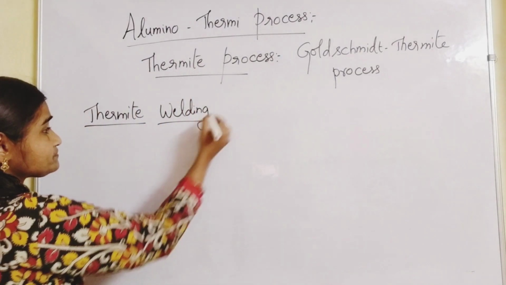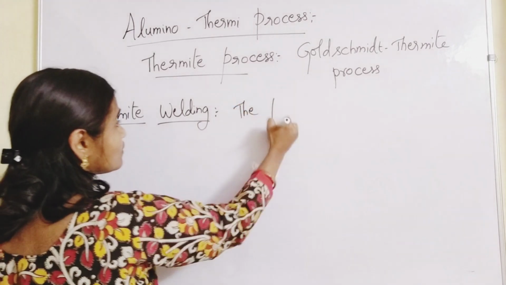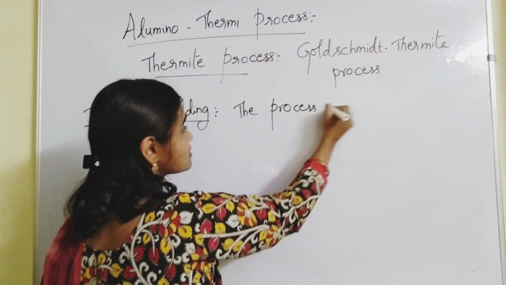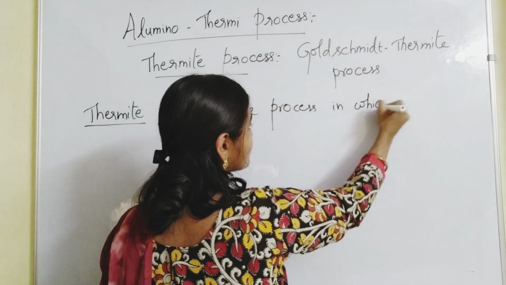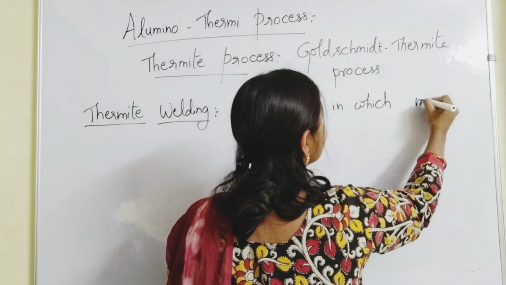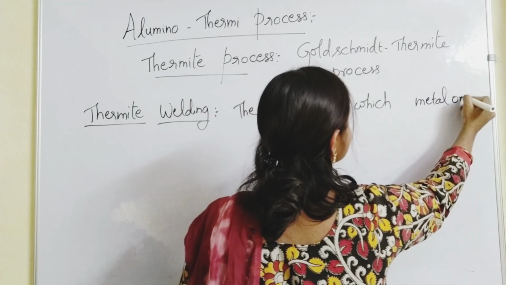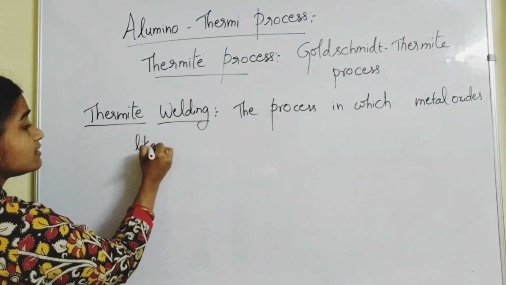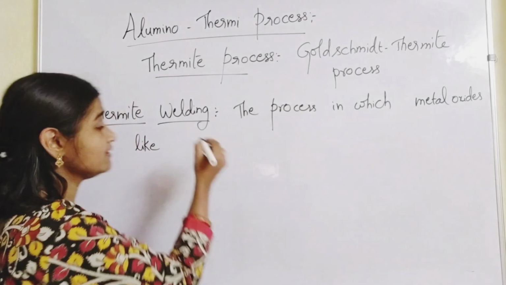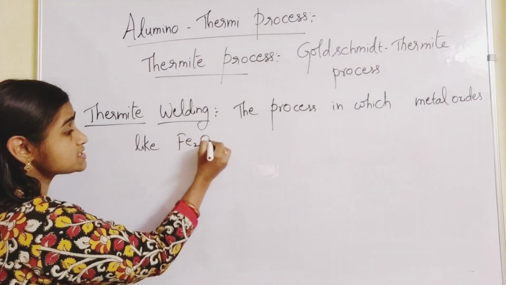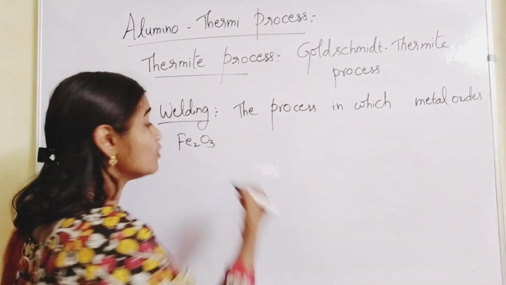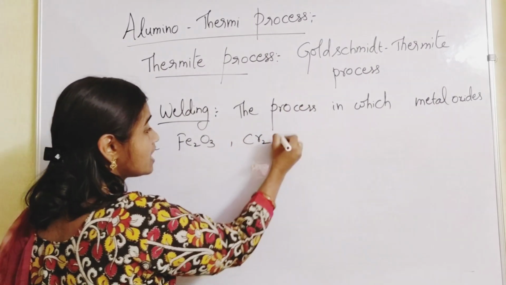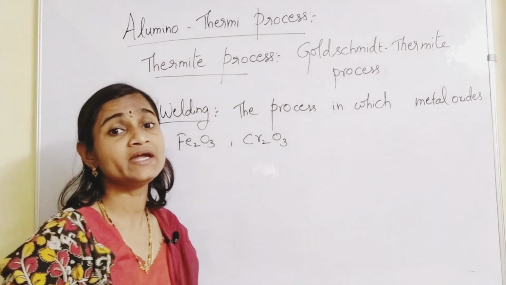So the process in which metal oxides like Fe2O3, iron oxide, you all know, and even chromium oxide, Cr2O3, chromite ore.